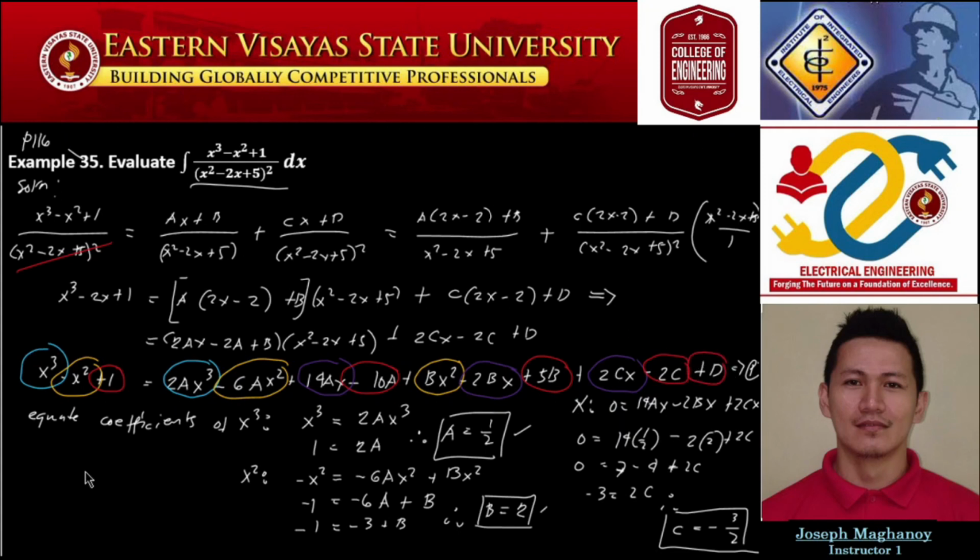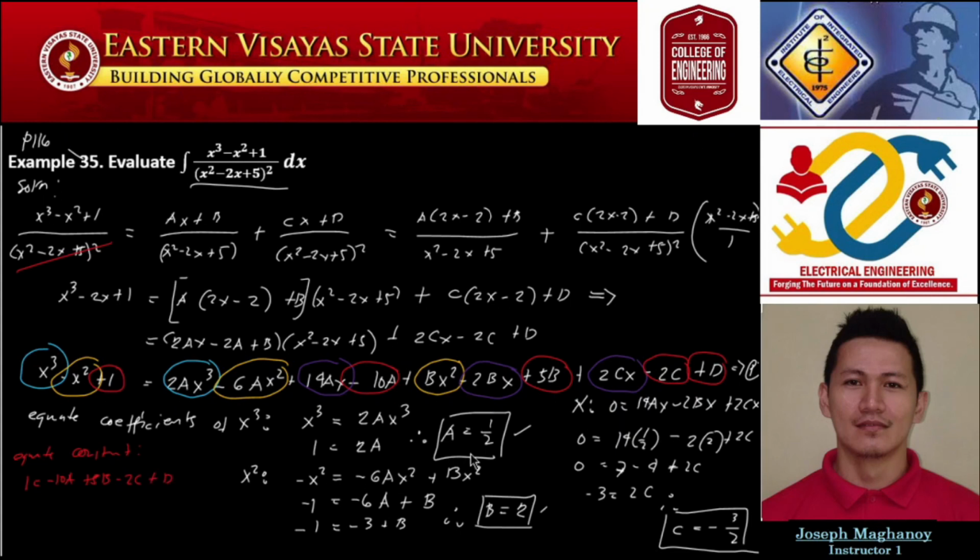So in terms of constant, you have positive 1 is equal to negative 10a plus 5b minus 2c plus d.